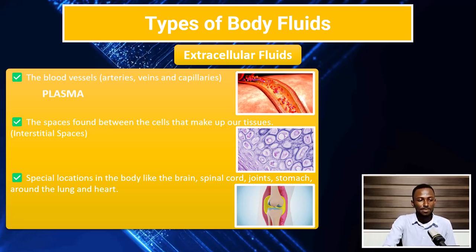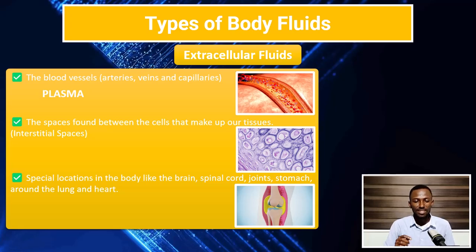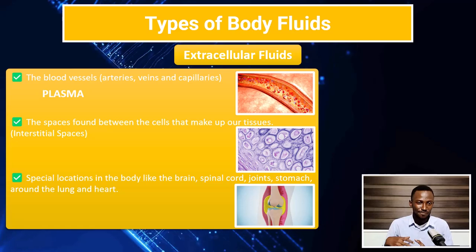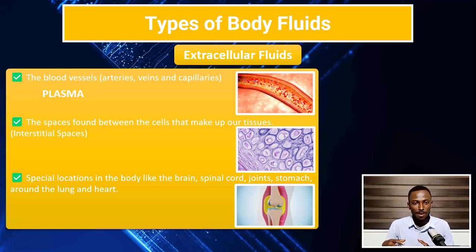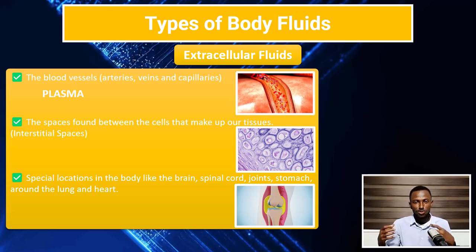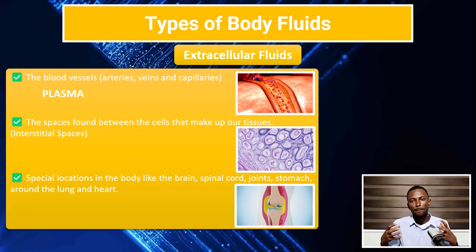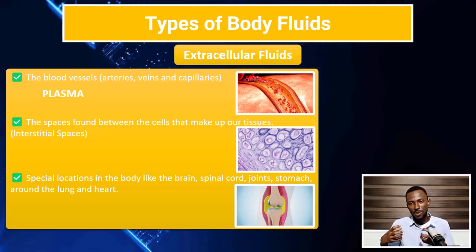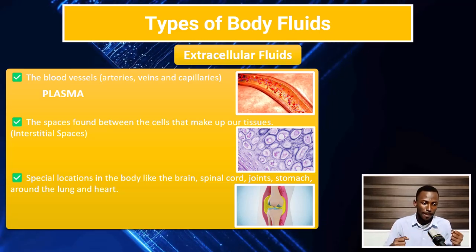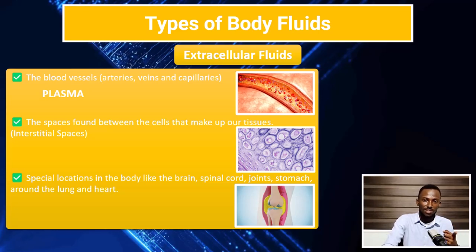The first type is plasma. So the extracellular fluids found in our blood vessels are known as the plasma. So the blood we see is made up of plasma and cells. So the liquid part of our blood, when we take away the cells and all those dissolved substances in it, then we have plasma. So plasma is an extracellular fluid.